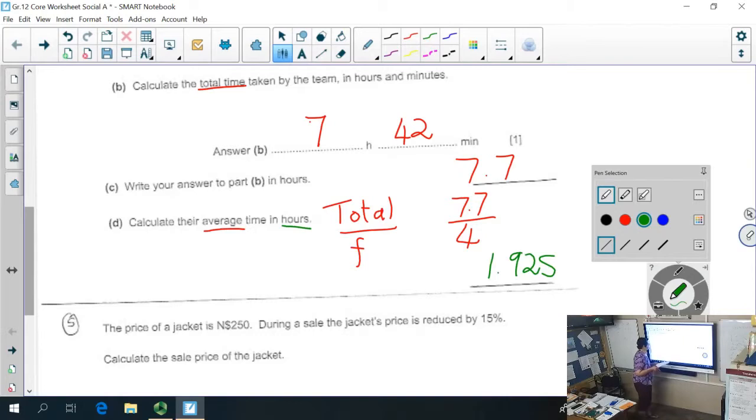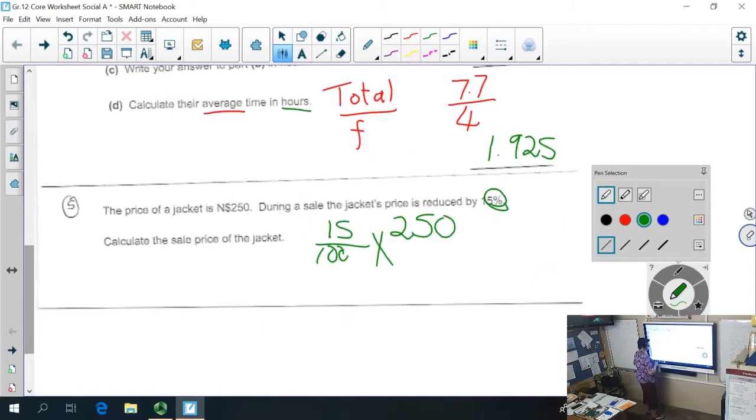The price of a jacket is 250. During a sale, the jacket's price is reduced by 15%. Calculate the selling price. Now, here's always 2 methods. We can say 15%. Look, that sign means over 100 of the 250. Then we get the reduction, and then you still have to subtract it. Or you can first subtract it from 100% and then calculate the price automatically.